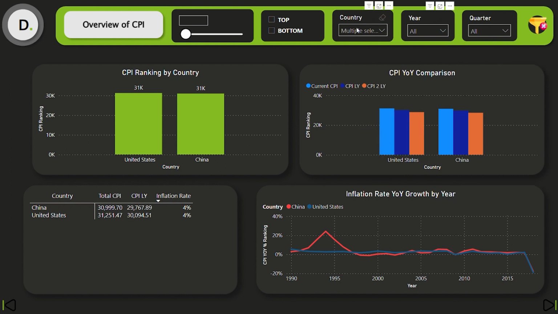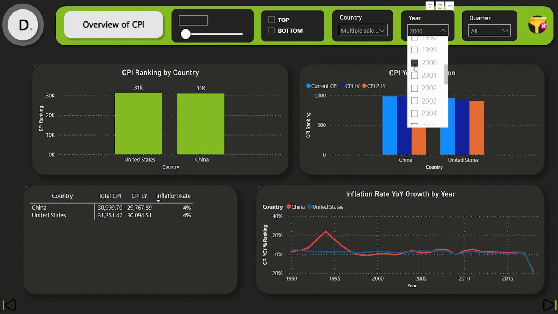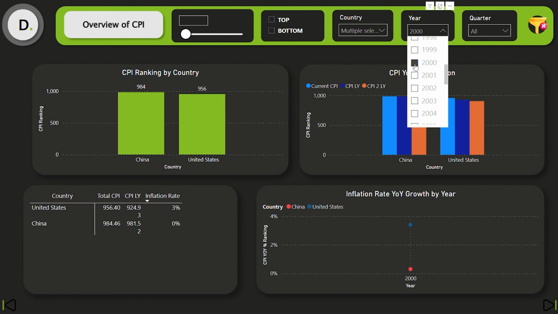We can also see which country had the increased CPI rate for a particular year.